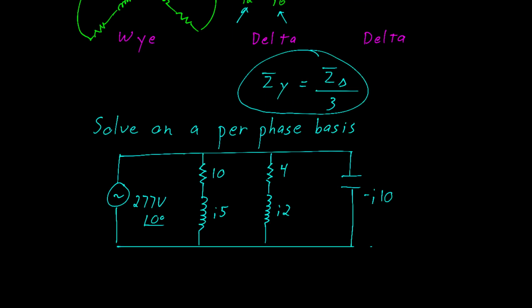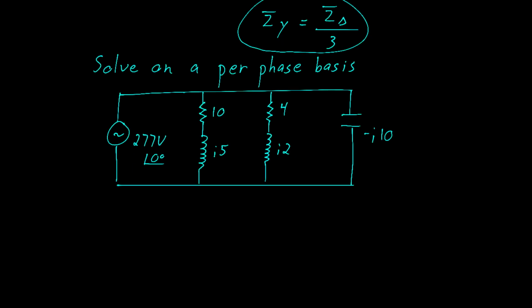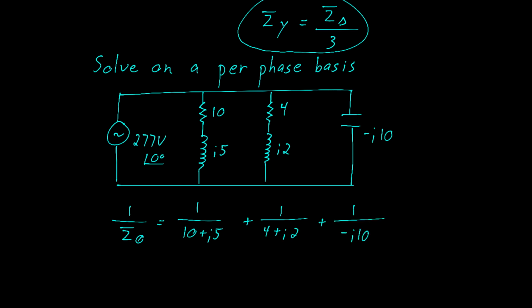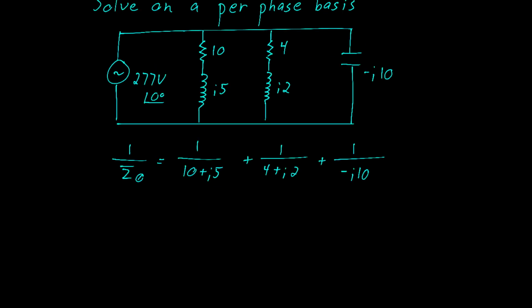From there, we can use the tools that we're very familiar with to calculate the total impedance. Keep in mind, though, that this is the impedance for the single phase, because we're solving this on a per phase basis. That calculation tells us that the impedance per phase is 3.5 plus j0.5 ohms.